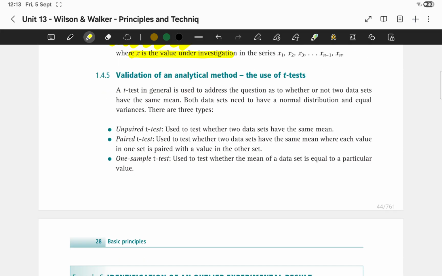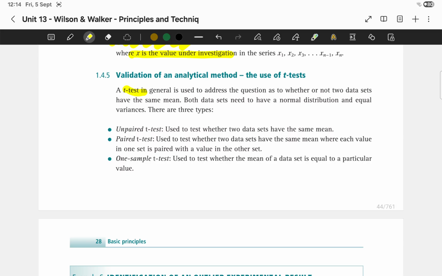A t-test in general is used to address the question of whether or not two sets have the same mean. Both data sets need to have a normal distribution and equal variance. There are three types: unpaired t-test, paired t-test, and one-sample t-test. The unpaired t-test is used to test whether two data sets have the same mean.